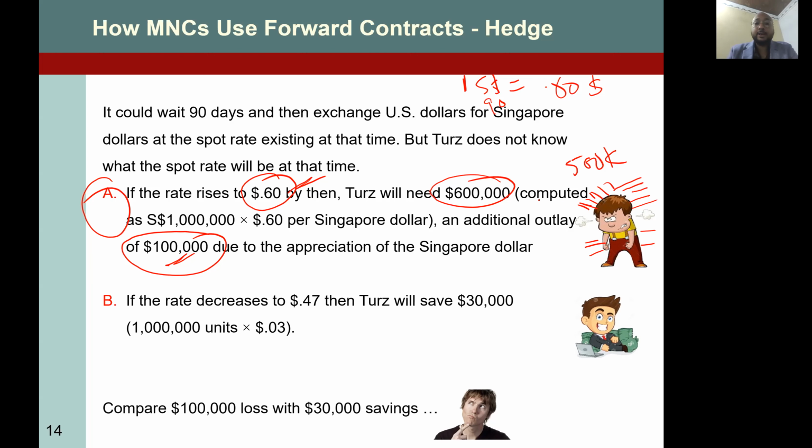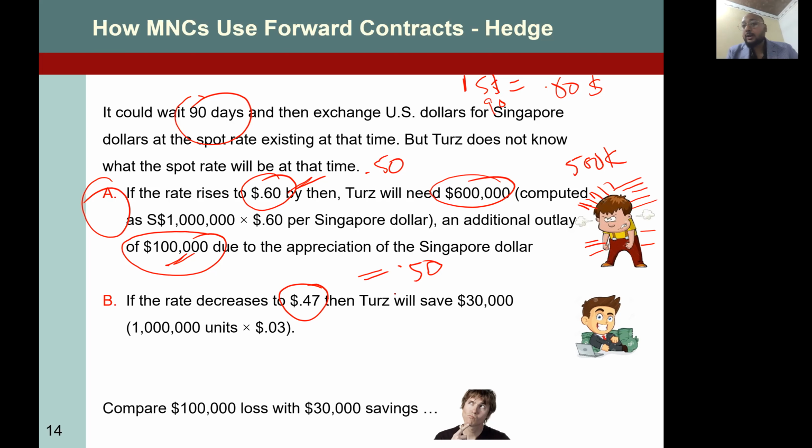So after 90 days, what will happen? Maybe the price will go up, but the price can also go down, right? What if the price goes down to 0.43 instead of the previous price, which was 0.5?